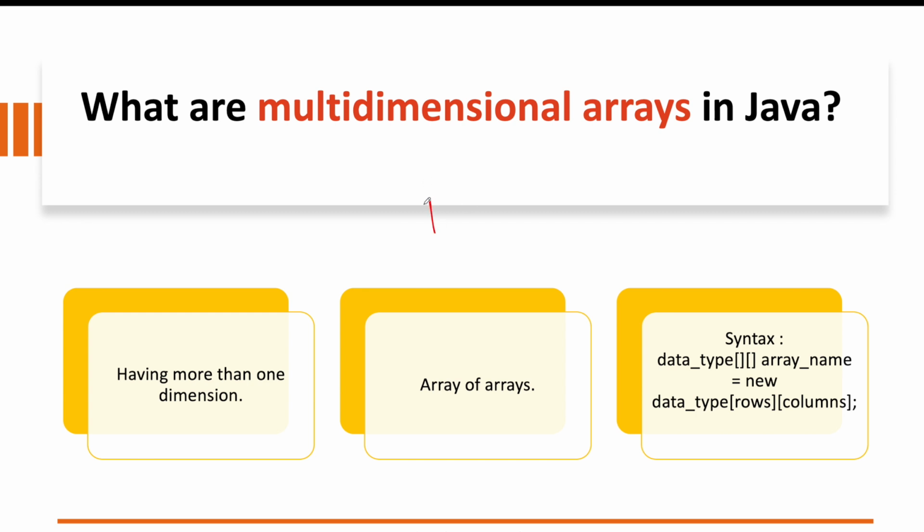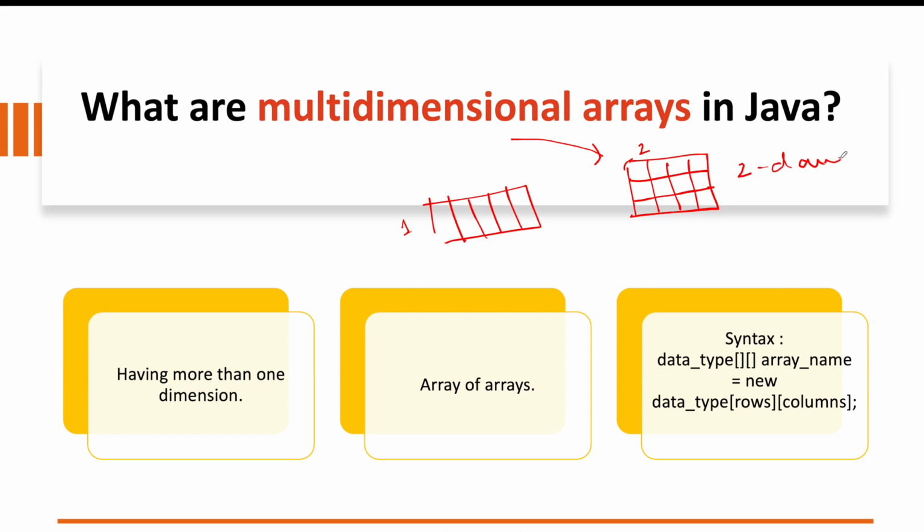I have this array. This is row number 1 and all of these are different columns. So it is just 1 dimension. But what if I have a box or a table like this divided into multiple rows and then multiple columns? If I want to represent data of this sort, then I have to use multi-dimensional arrays. Or since this has just 2 dimensions, I can call it a 2D array. If there are 3 dimensions, that will be a 3D array and so on.